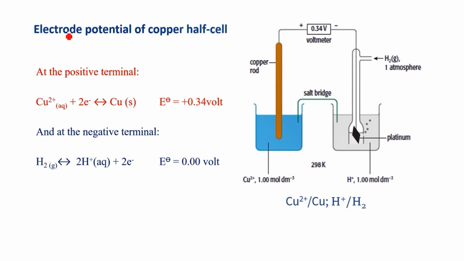To measure the standard electrode potential for non-reactive metals such as copper, we can combine the copper half cell with the hydrogen standard cell. We place a pure copper rod in a solution of copper ions, for example, copper sulfate solution, and we connect the copper cell with the hydrogen cell by connecting wires between the platinum rod and the copper rod, and a salt bridge that connects the two solutions to complete the electric circuit.